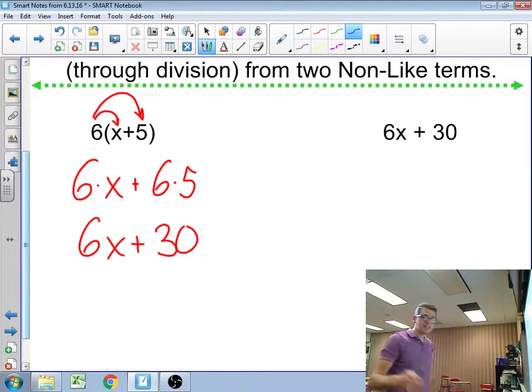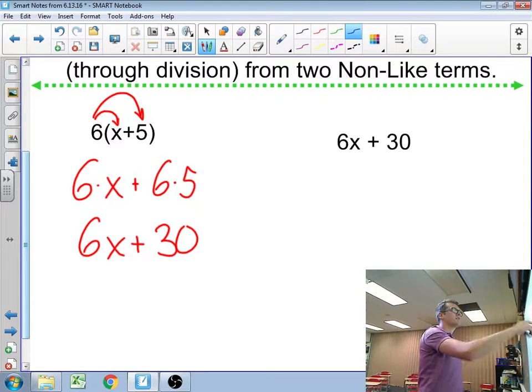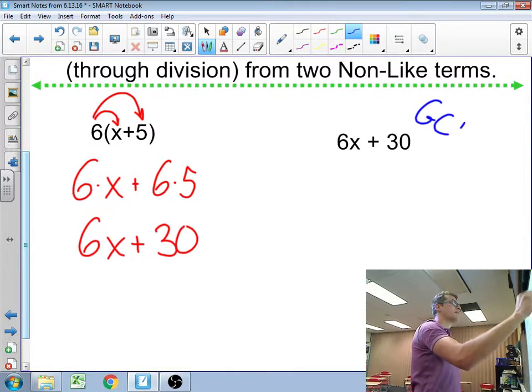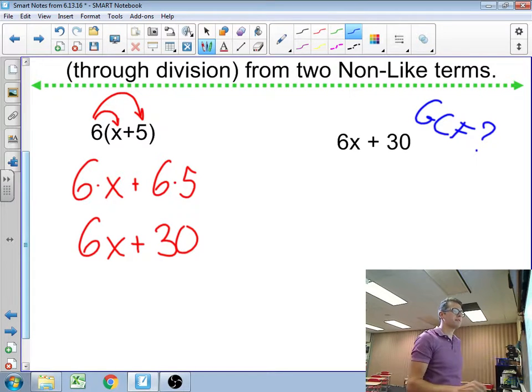Now I can do the same process to factor the expression that we just ended with. When we factor, we're trying to say what is the GCF, or greatest common factor, from both of these values that I could factor out to make this easier to think about. It makes a lot of sense in situations relative to cost.